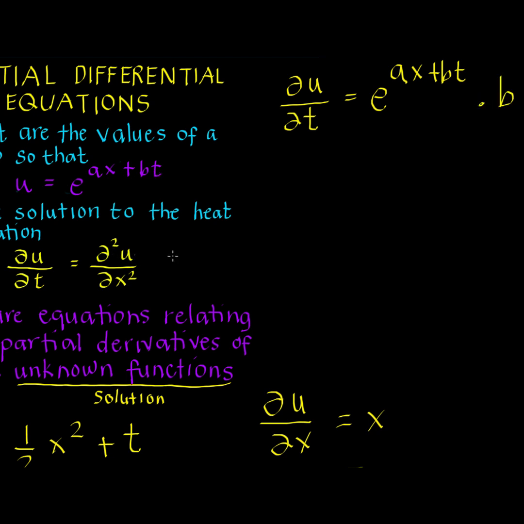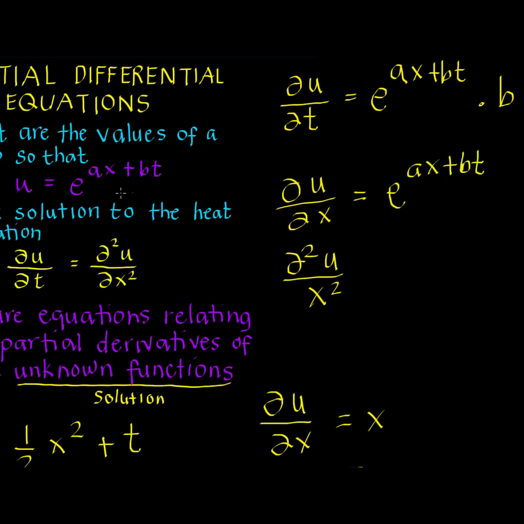Now we need to take the second partial derivative of u with respect to x. But before we can go here, we need first the first partial derivative of u with respect to x. We can also call this curly d as del, so we can read this as del u del x. So what's the first partial derivative of u with respect to x? We have the function e raised to the exponent ax plus bt times the partial derivative of the exponent with respect to x.